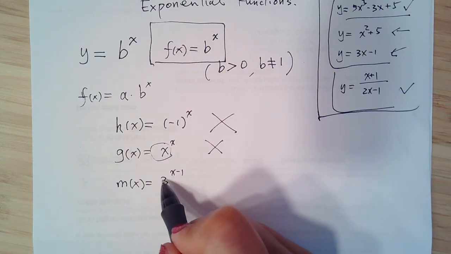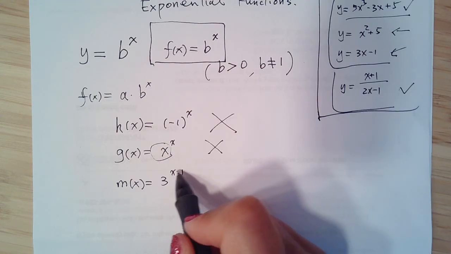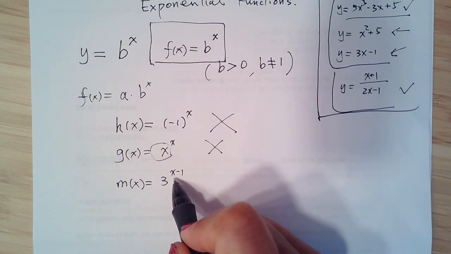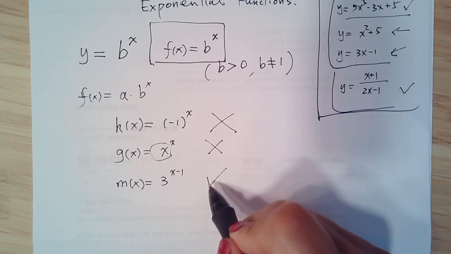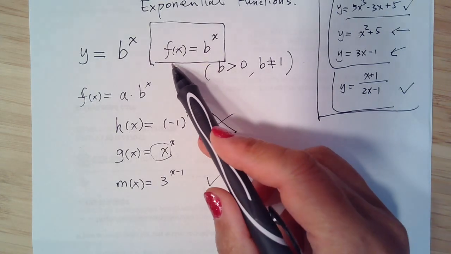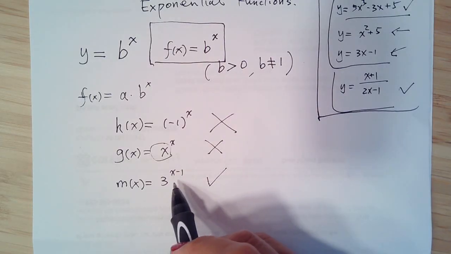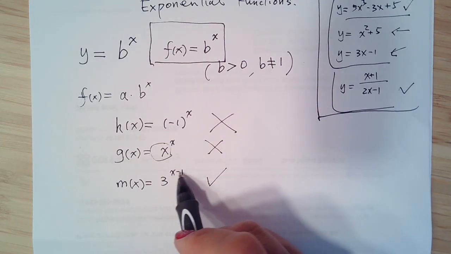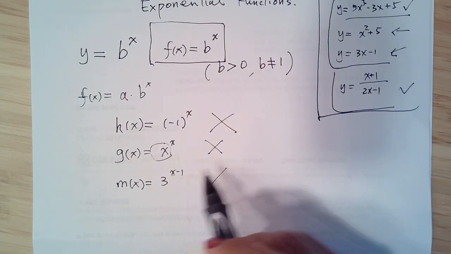We look here: the base is a number, not a problem, and we have x in the exponent, but not just x, we have x minus 1. This is an exponential function, but if you want to graph it from the parent function y equals 3 to the x, you shift to the right horizontally by 1 unit.